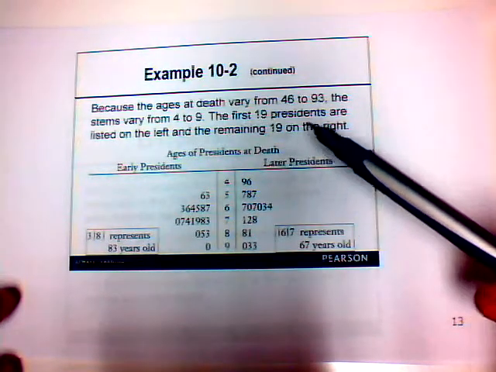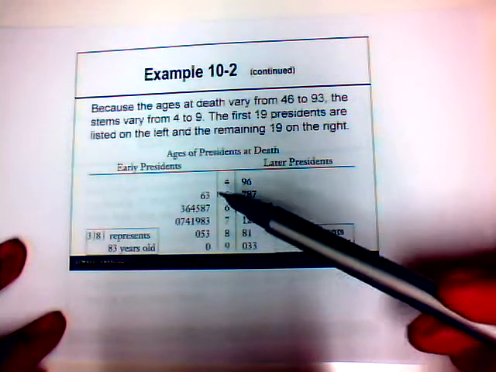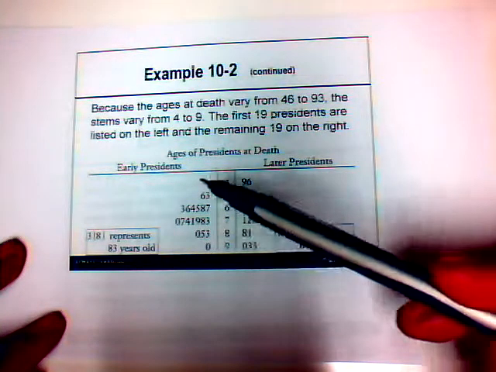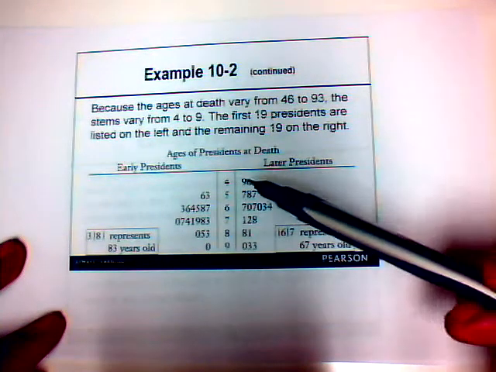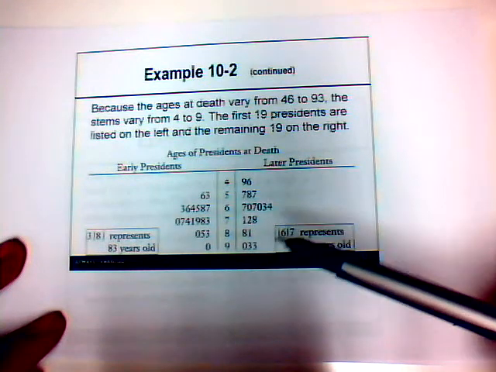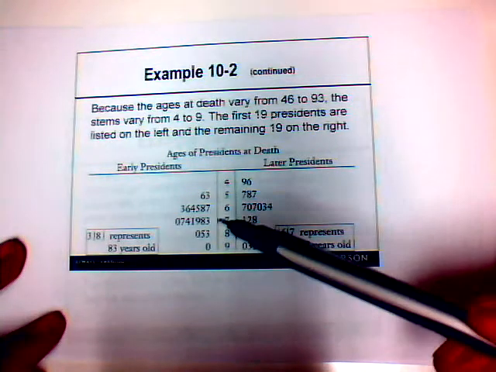Now the first 19 presidents are listed on the left, and the remaining 19 on the right. So the early presidents on the left-hand side, the later presidents on the right-hand side. And those leaves are listed in order from least to greatest on this side.